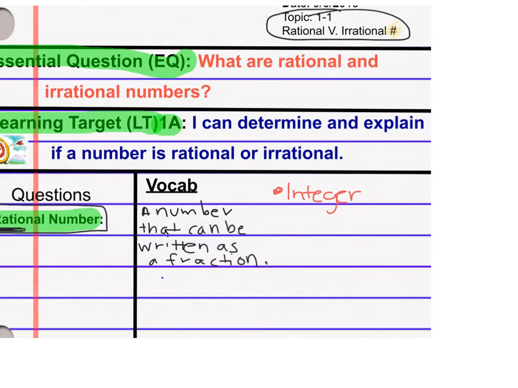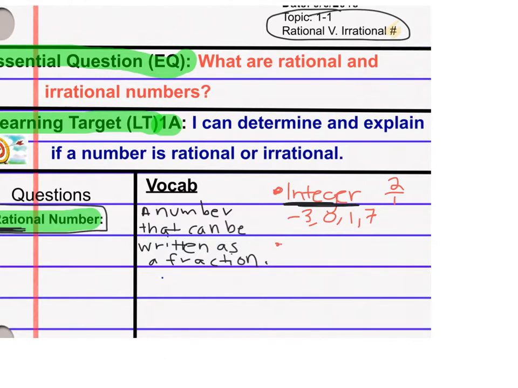So any integer like -3, 0, 1, 7, these are all rational numbers. They look like one plain number and not a fraction. But remember, any number like 2 can be written as a fraction by saying 2/1. So if you see an integer, that is a rational number.